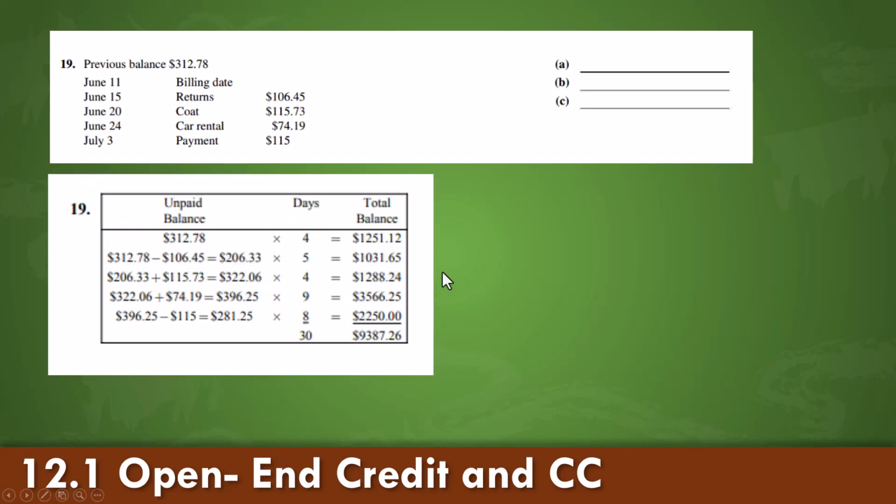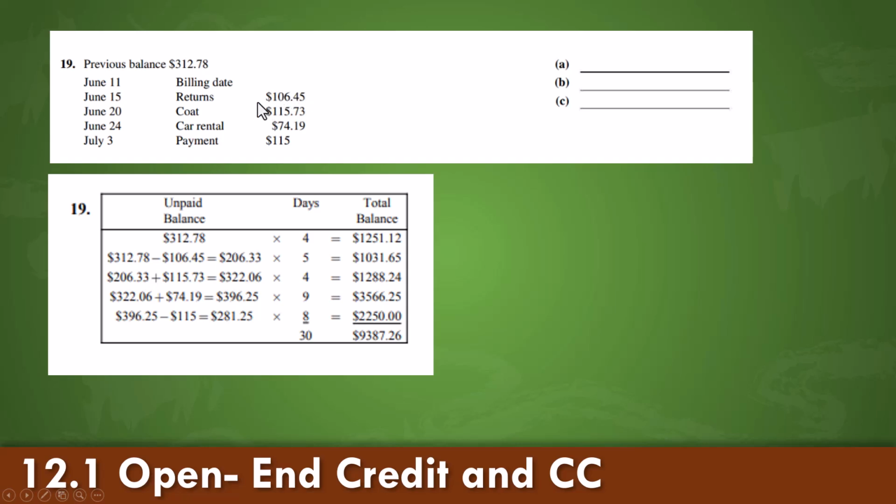If a previous balance is $312.78, we're calculating the number of days in between each transaction. 4, 5, 4, 9, and then 8 days till the closing of cycle. We then take this unpaid balance, using that unpaid balance, multiplying across.